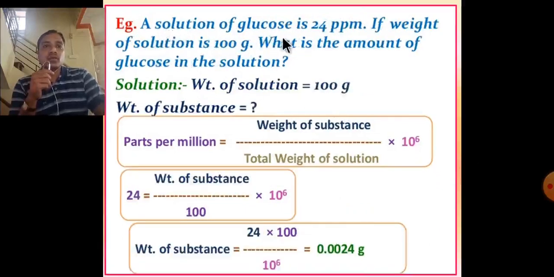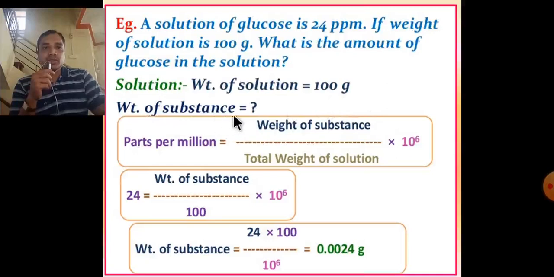A solution of glucose is 24 ppm. If the weight of the solution is 100 gram, what is the amount of glucose in the solution? Weight of solution is equal to 100 gram.